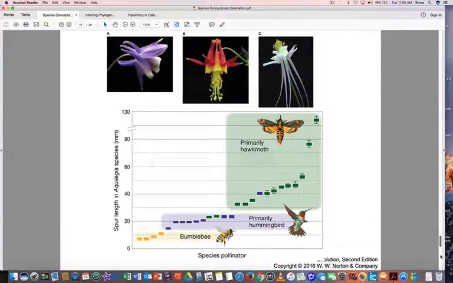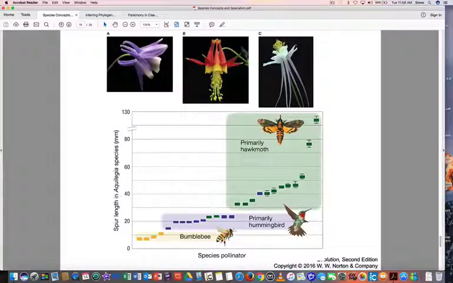One of the classic examples of this has to do with how, especially in plant pollinator interactions, there are specific traits in the plants that are used to attract pollinators that really distinguish the species. And this is a particular species, Aquilegia. I can't remember the exact common name of it, but obviously you can see they have a very interesting flower morphology, and they have different kinds of pollinators.